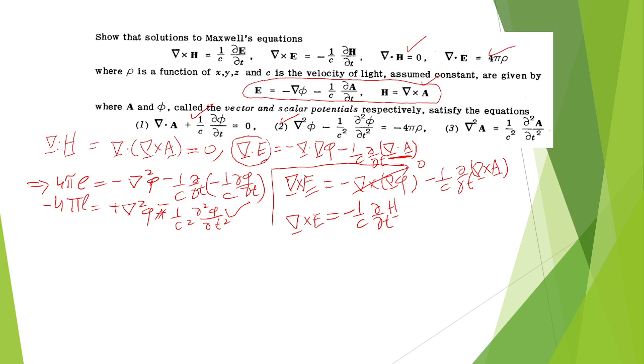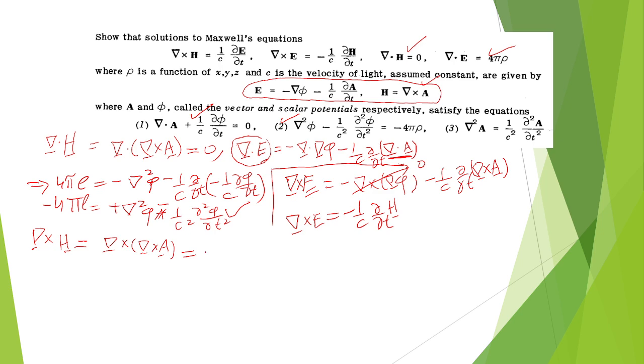Okay. Now let's take the curl of H. This is the solution equation. So the curl of H on the left side, and on the right side it will be the curl of curl A. Now we will use the property we studied for the curl of curl of a vector field.